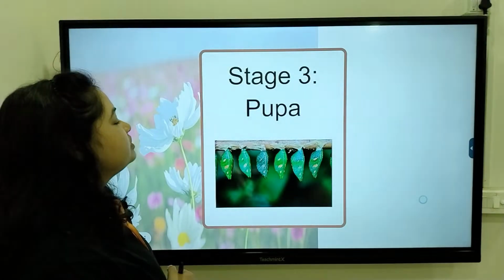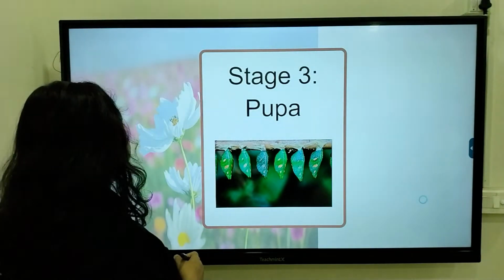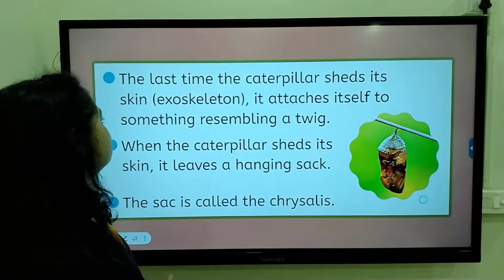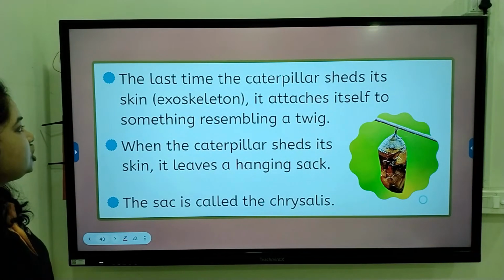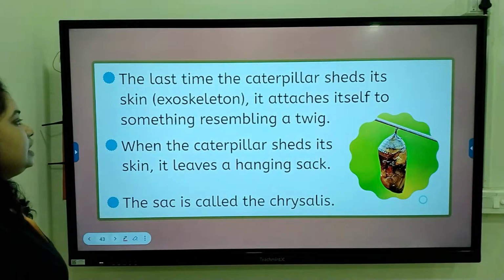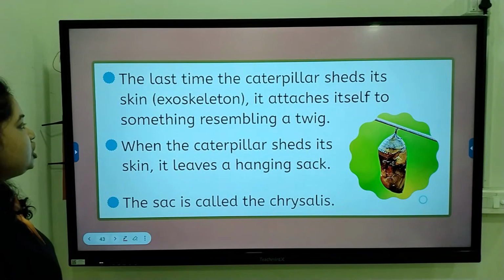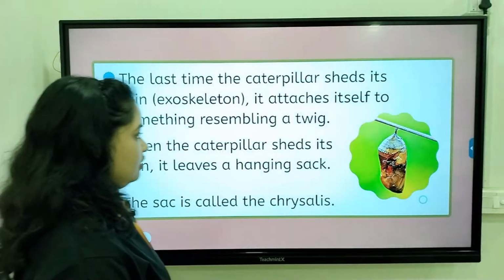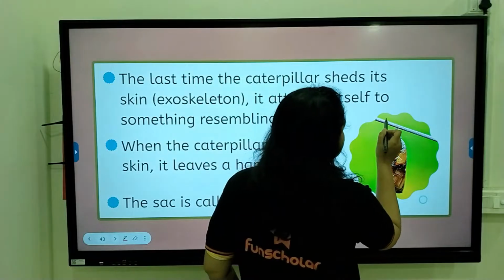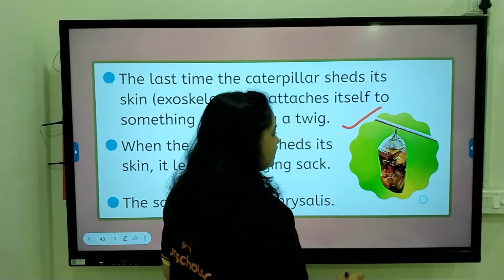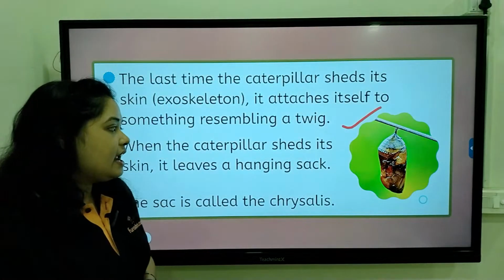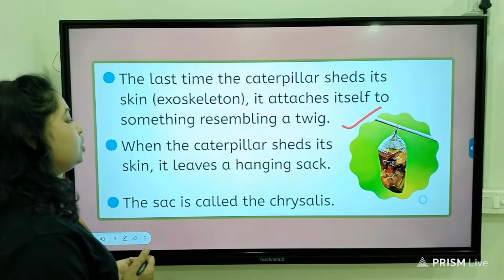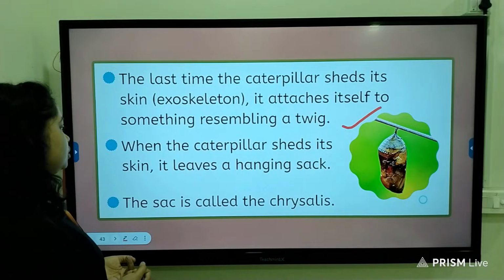And then comes the next stage, that is the pupa stage. In the pupa stage, what happens when the caterpillar sheds its exoskeleton? It will then attach itself to something resembling a twig. You can see in this image here, it has covered itself in a cocoon and then attached itself to a twig-like structure.